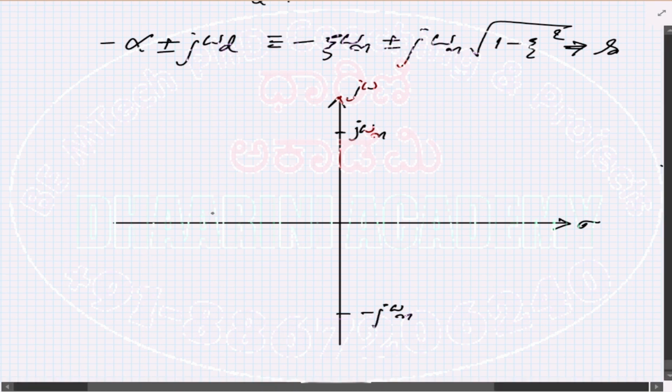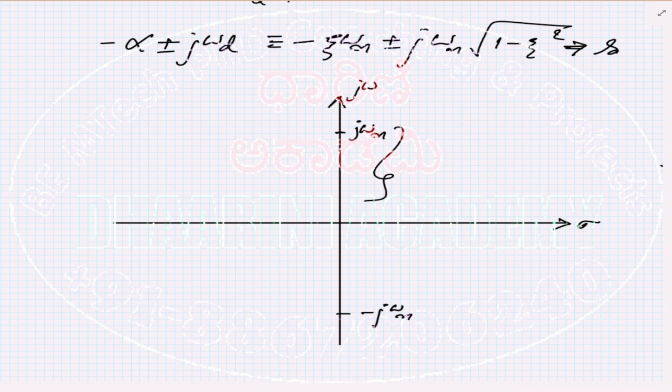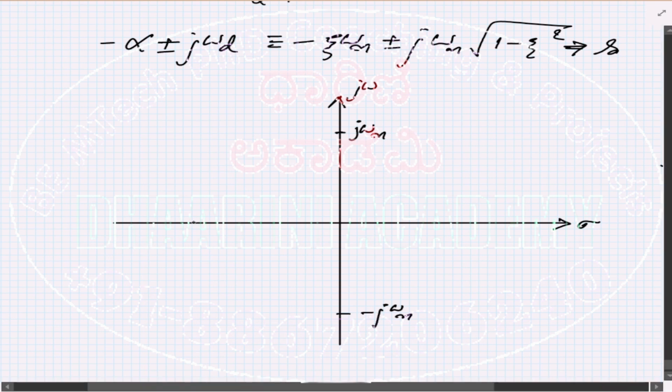You see, this distance is equal to this distance, whatever I'm writing, the magnitude is same. So I'll write a value here. This is minus omega n, and this comes into picture when zeta equals 1. The other two cases, this and this, are when zeta equals 0.